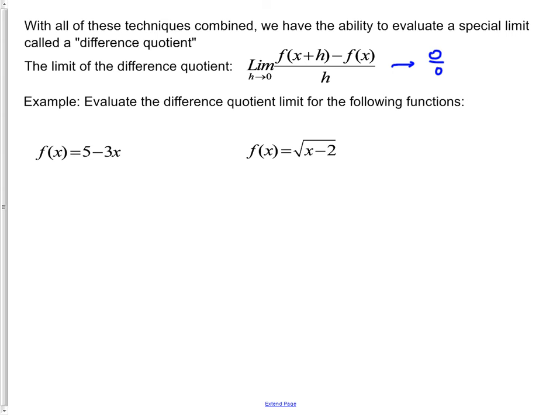F of x. What is f of x? F of x is 5 minus 3x in our first example. And f of x plus h means that everywhere we see x in the expression, we replace it with x plus h. 5 minus 3 times the quantity x plus h.